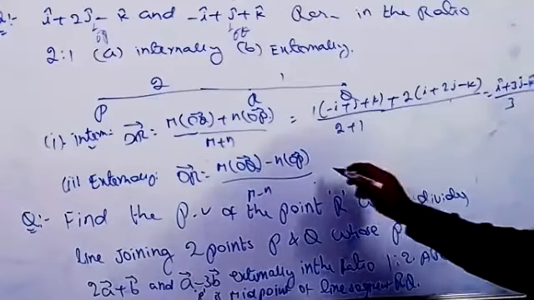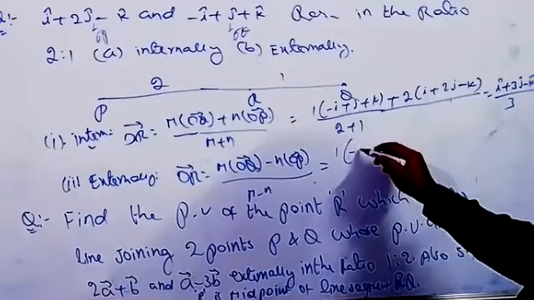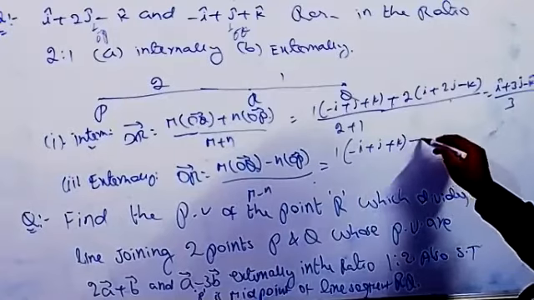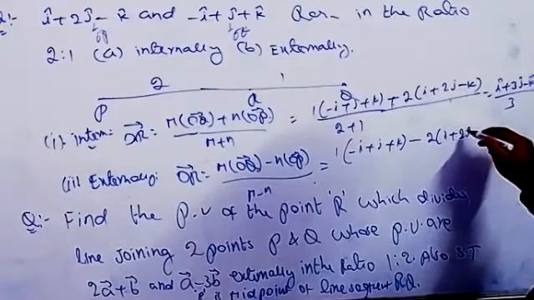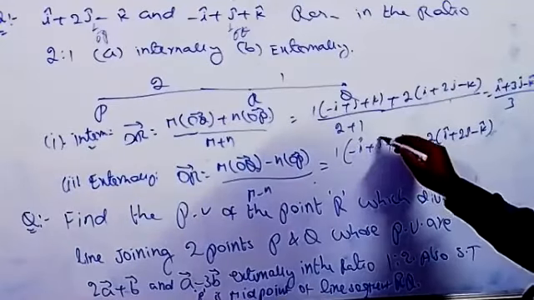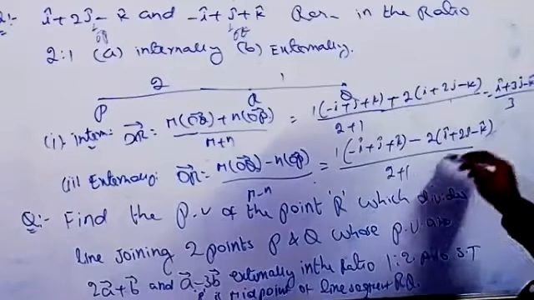This is the internally. And coming to the externally, same: 1 into (minus i plus j plus k) minus 2 into (i plus 2j minus k), whole by 2 plus 1.